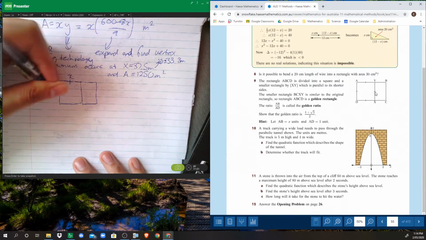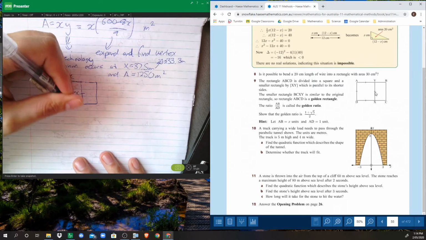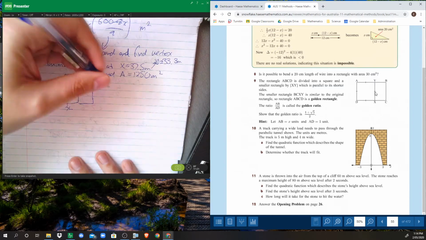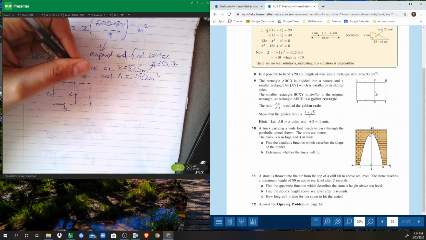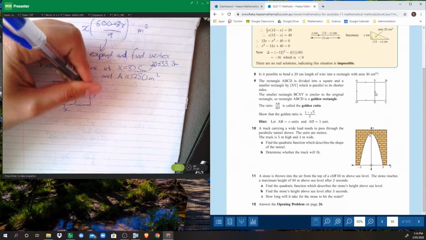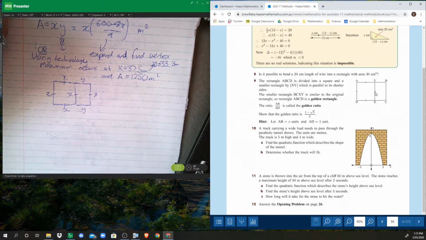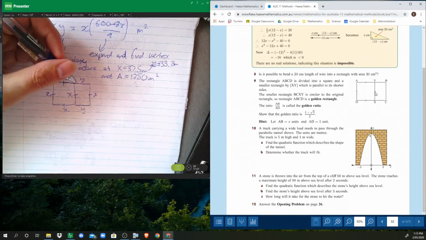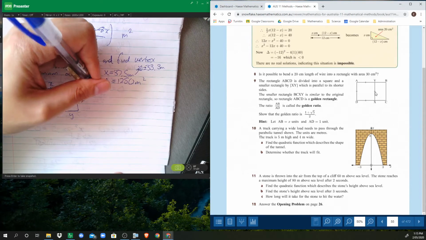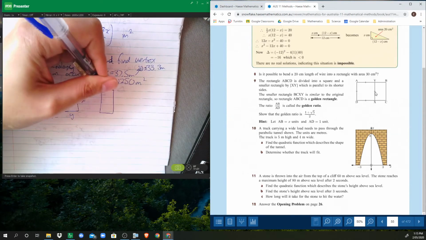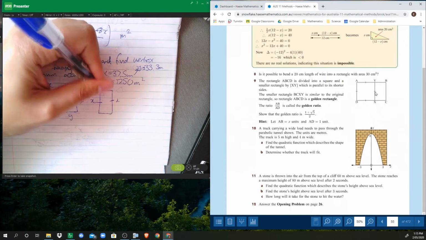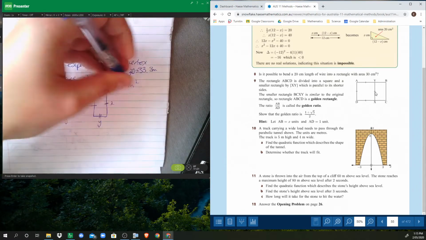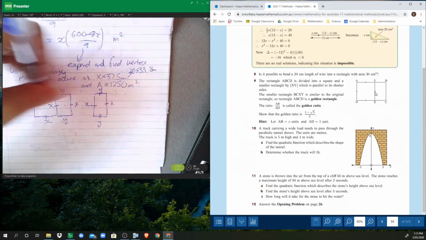These values would be X, and that is also X, and I'll make these Y. This rectangle with Y's and X's is similar to the larger rectangle.